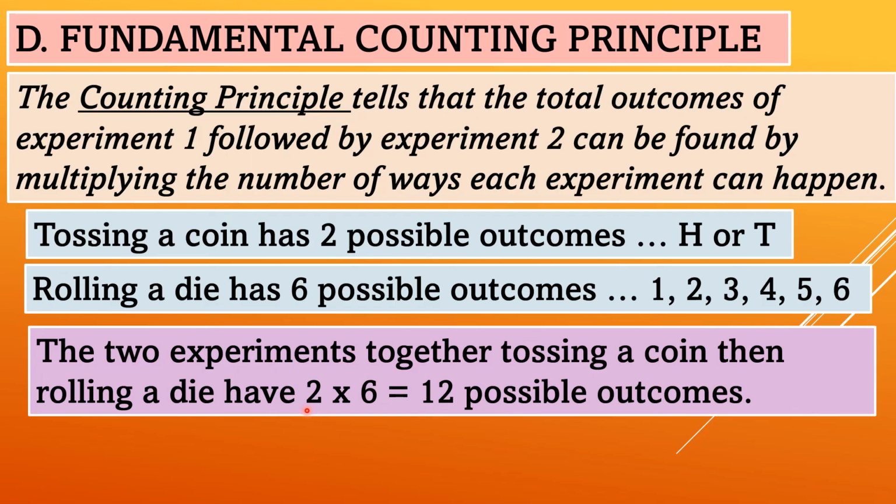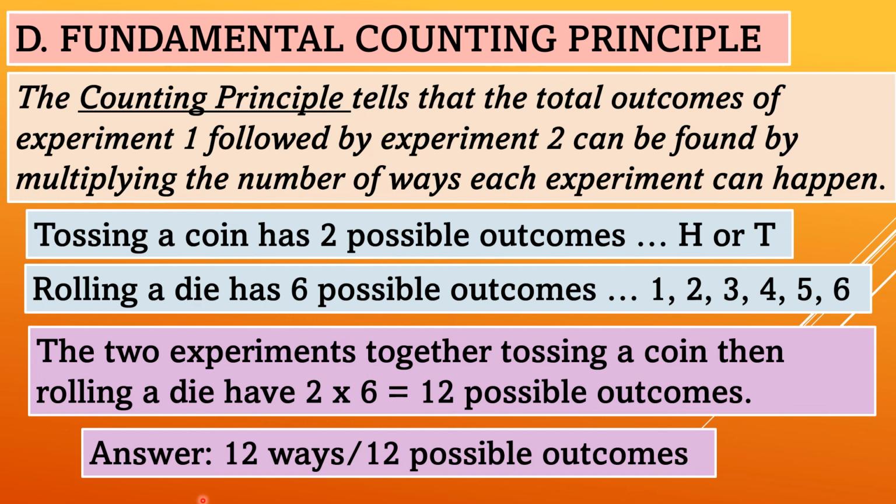Ang 2 ay possible outcome of the first experiment, and 6 is the possible outcomes of the second experiment, which is the rolling of a die. So, i-multiply natin ang mga possible outcomes, 2, then sa rolling a die, we have 6. So there are 12 possible outcomes. So the answer is 12 ways or 12 possible outcomes.